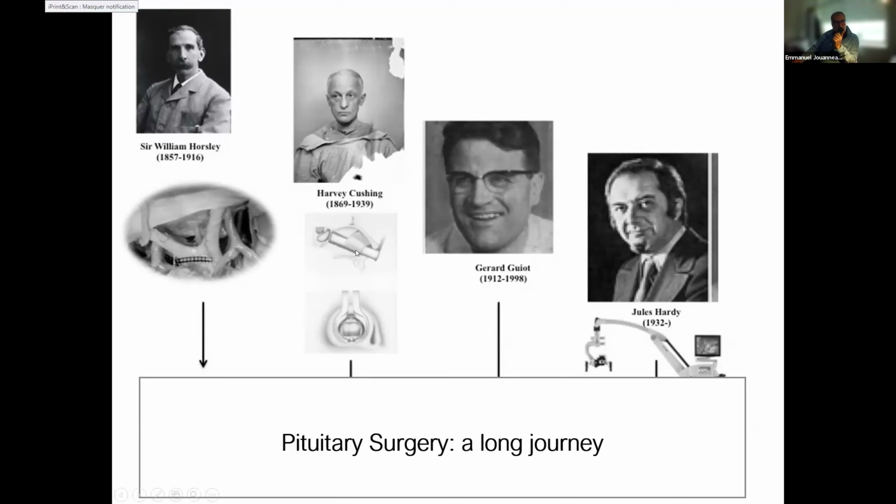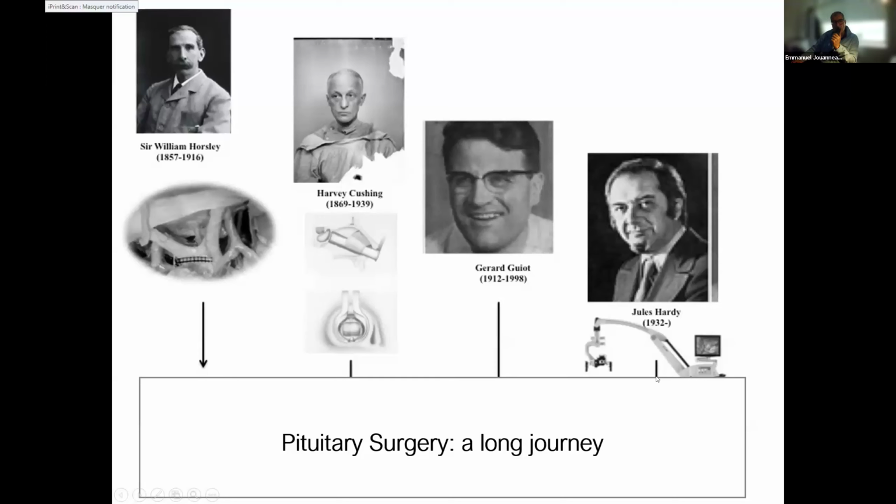So he gave up the transsphenoidal route, and only very few surgeons continued to use this endonasal route to reach the pituitary fossa. It was the case of Norman Dott in Edinburgh, and in France, the transsphenoidal route came back with Gérard Guiot.